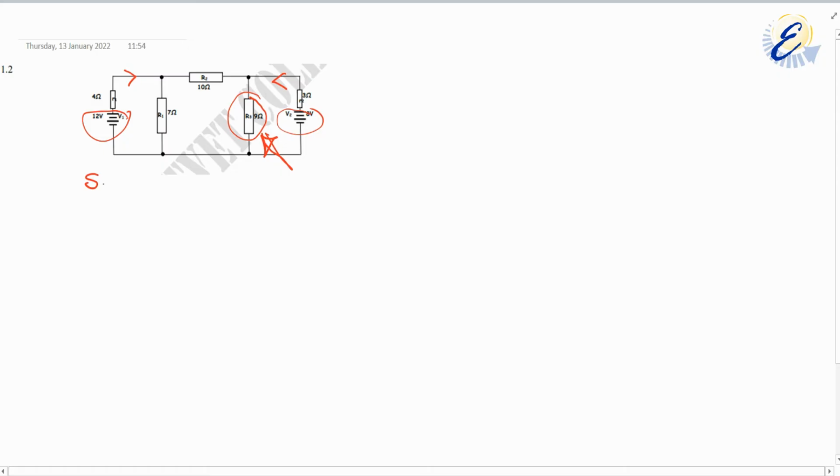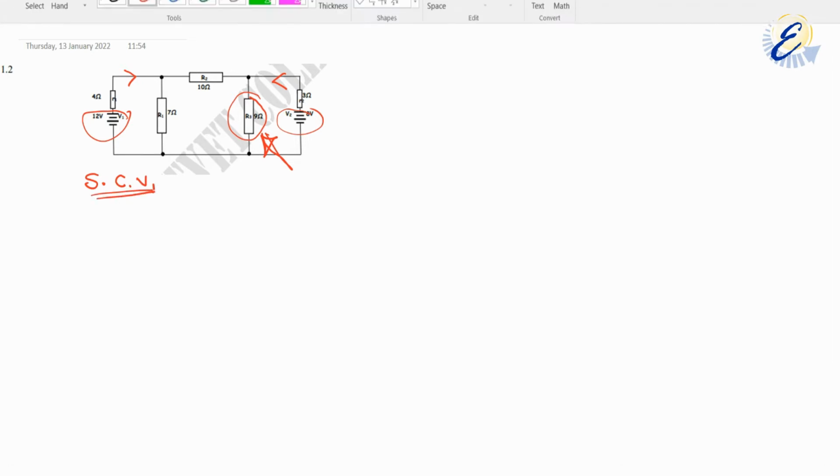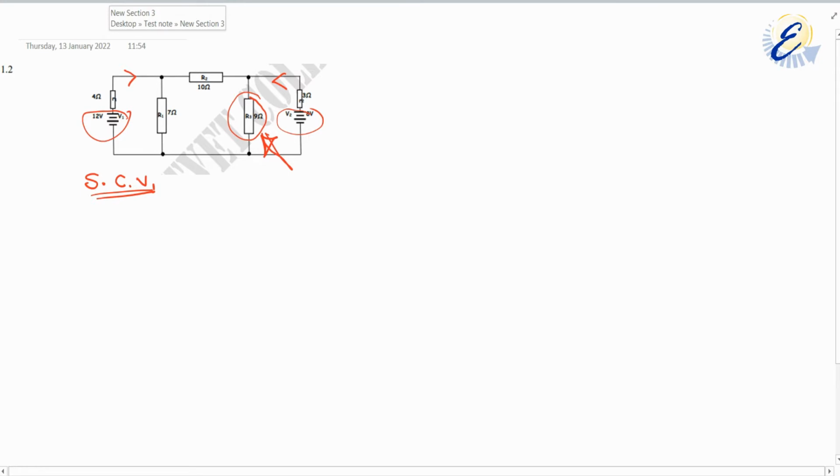So the first thing that we must do, as normal, is short circuit a voltage. So we short circuit V1. When we short circuit V1, this would be our new circuit.